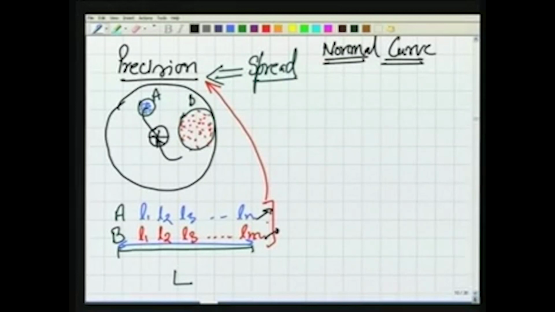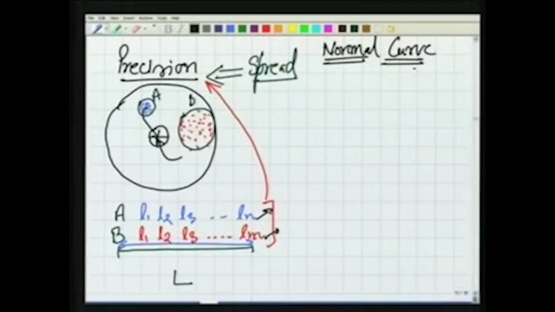So what we are doing? Maybe from these observations also we have taken away the systematic error component. So in your observations only the random error is there now, and this is why I am saying that henceforth, because it is only random error, we can make use of the normal curve.